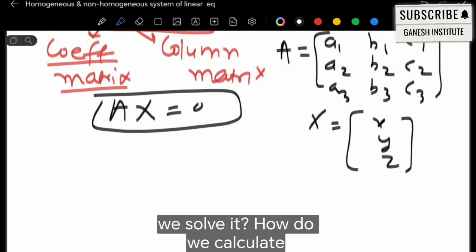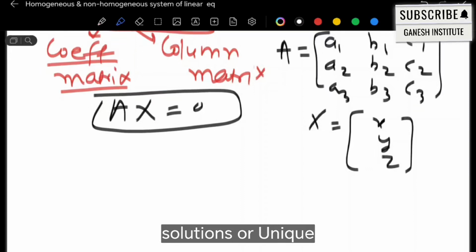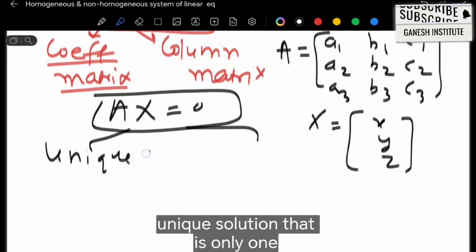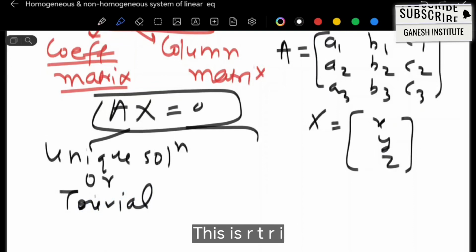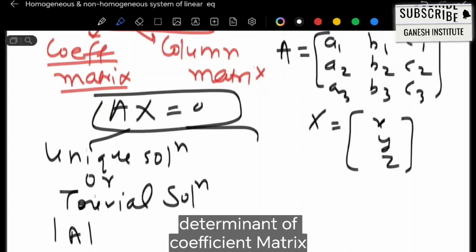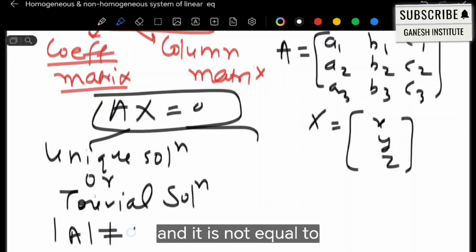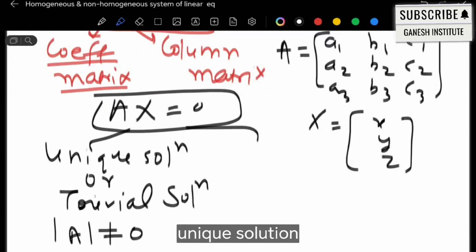Now how would we solve it? How do we calculate whether it has infinitely many solutions or a unique solution? Whenever it has a unique solution, that is only one solution, it is also called the trivial solution. If we find the determinant of the coefficient matrix and it is not equal to 0, then we can say that the system of equations has a unique solution.